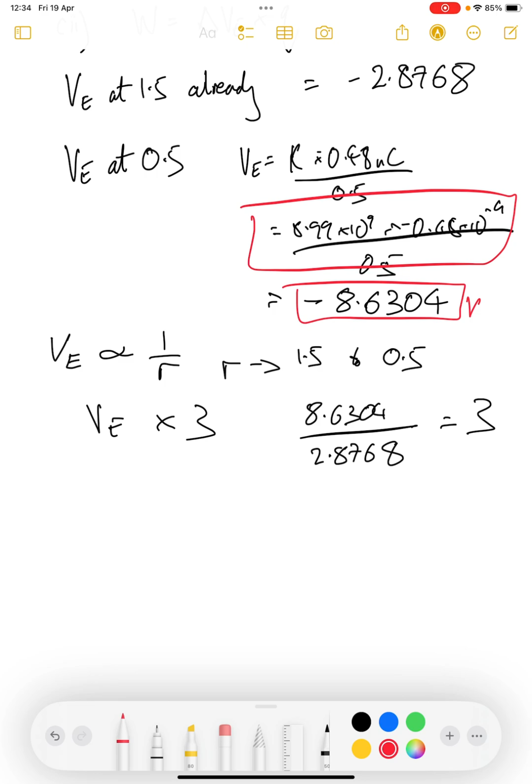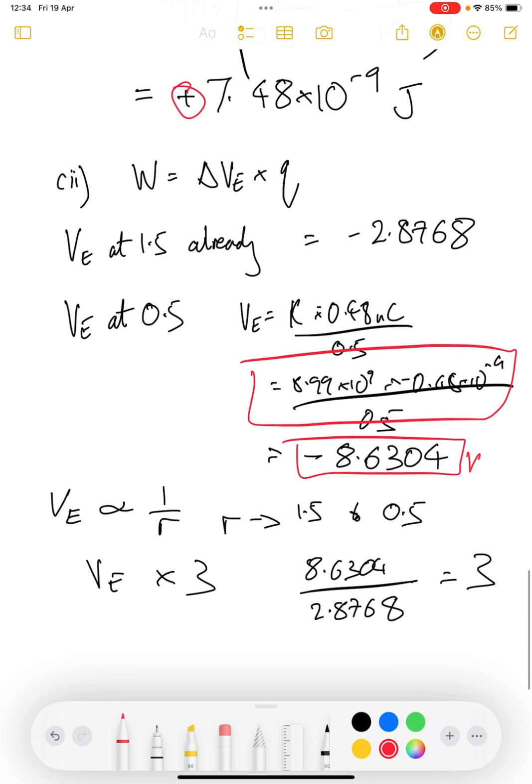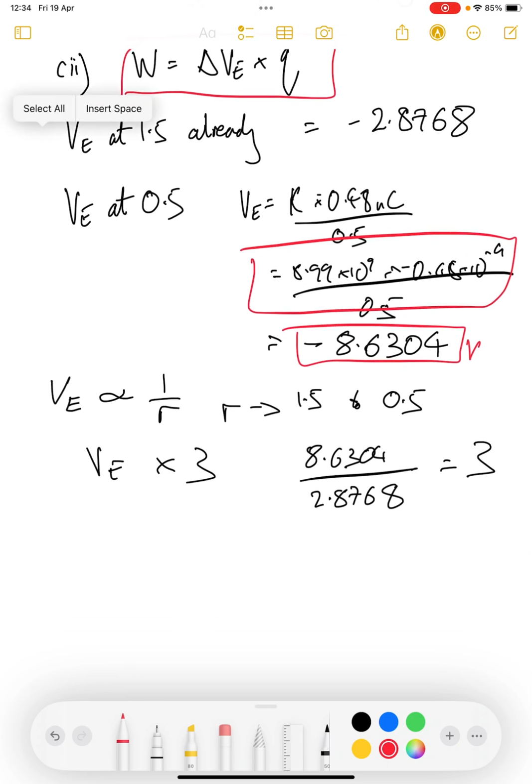So what does that mean? So we go back and look at this sum. Our delta VE is equal to, what was it, final minus V initial.